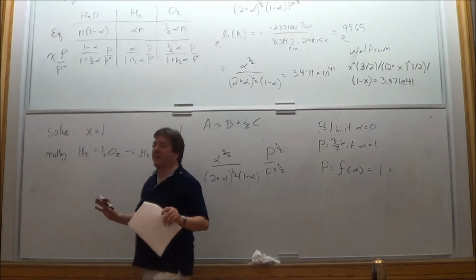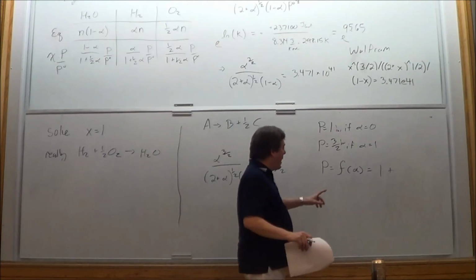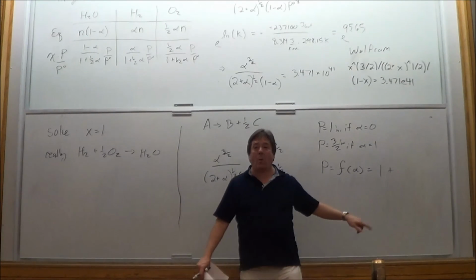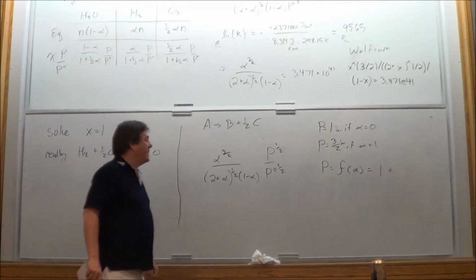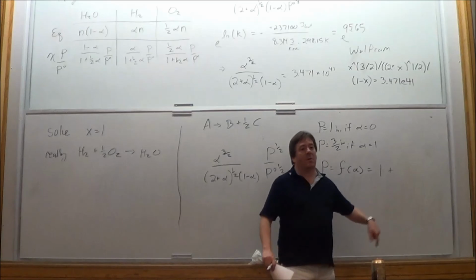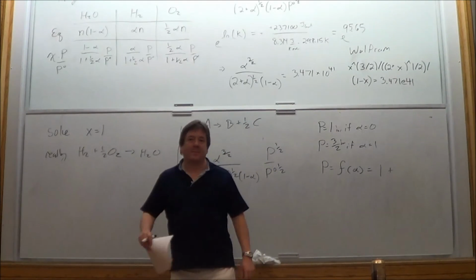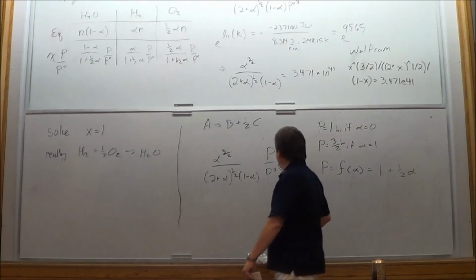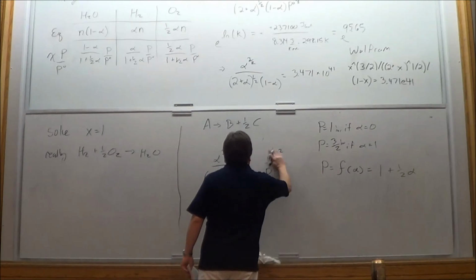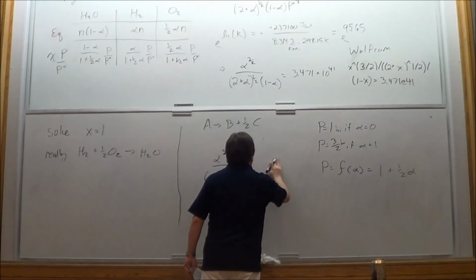Because alpha is 0, I've got to have the number 1. That means I've got 1 plus something. Now, if alpha is 1, this is 1 plus 1/2. So what do I add? 1/2 alpha, right.